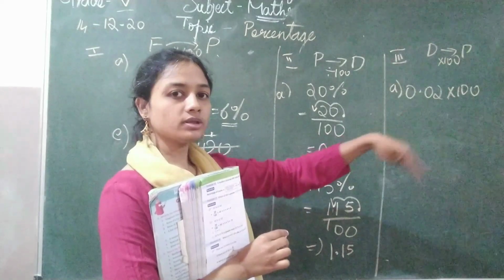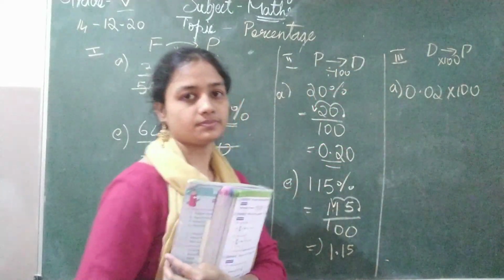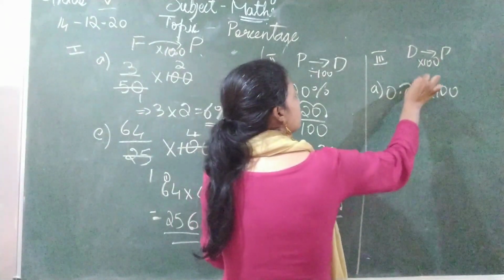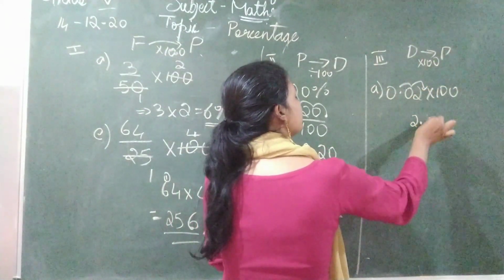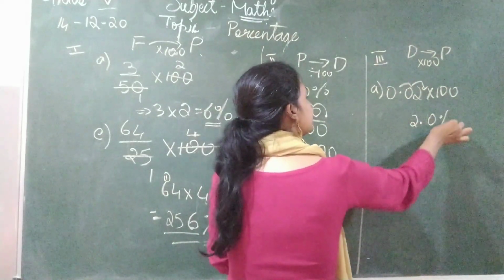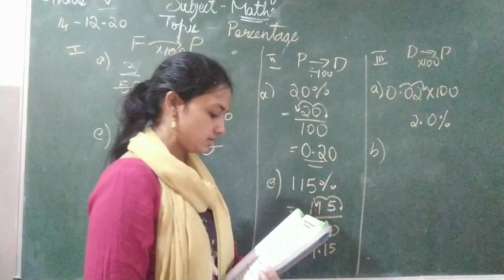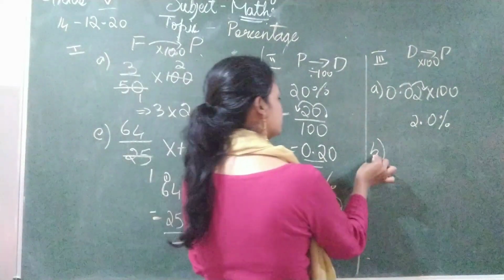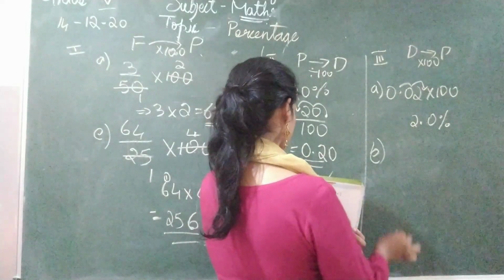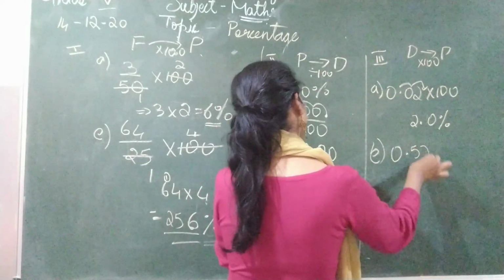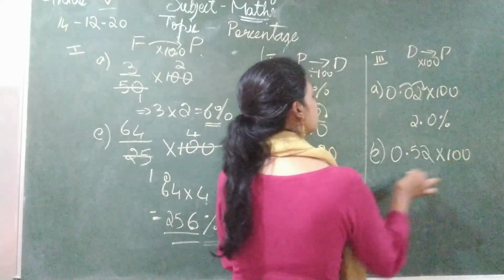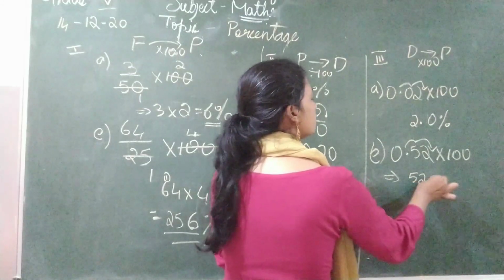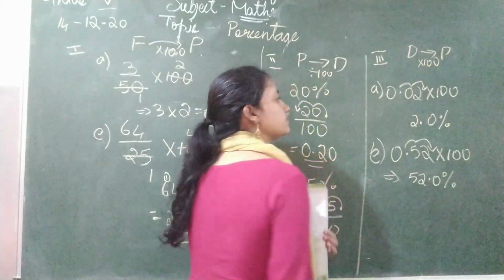You jump 2 places, so it will be 2.0%. Let me take a different one, E1: 0.52 into 100. Just jump 2 places, it will be 52.0%.